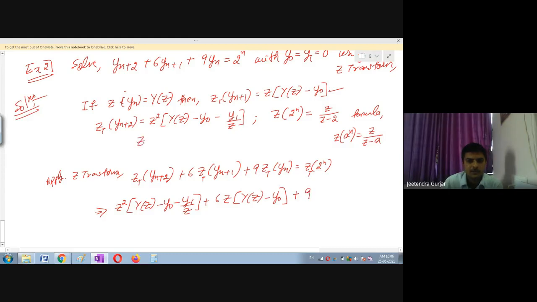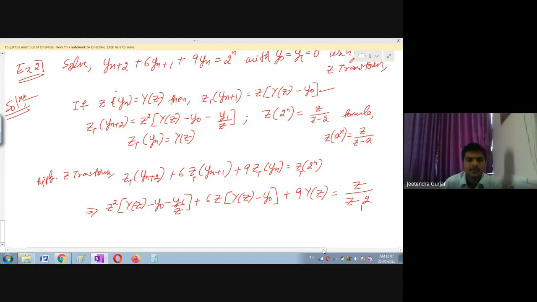Please remember Z transform of y(n), we will take this as capital Y of z. And Z transform of 2 raised to n is z divided by z minus 2, students. So here we get the value.